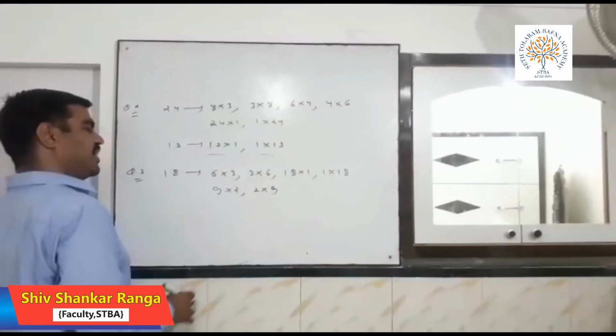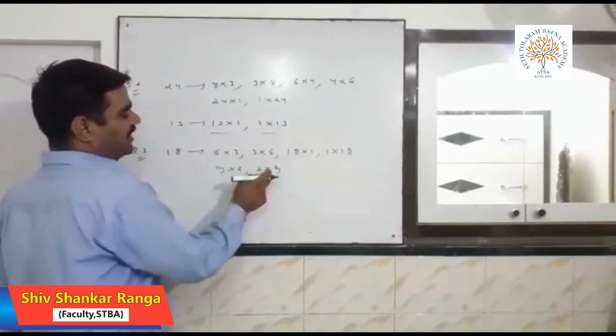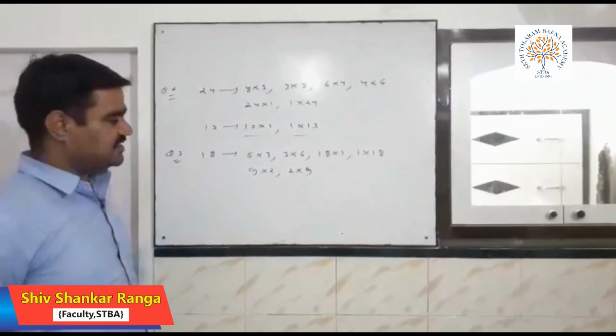Then possible orders are 1, 2, 3, 4, 5, 6. Total possible orders is 6.